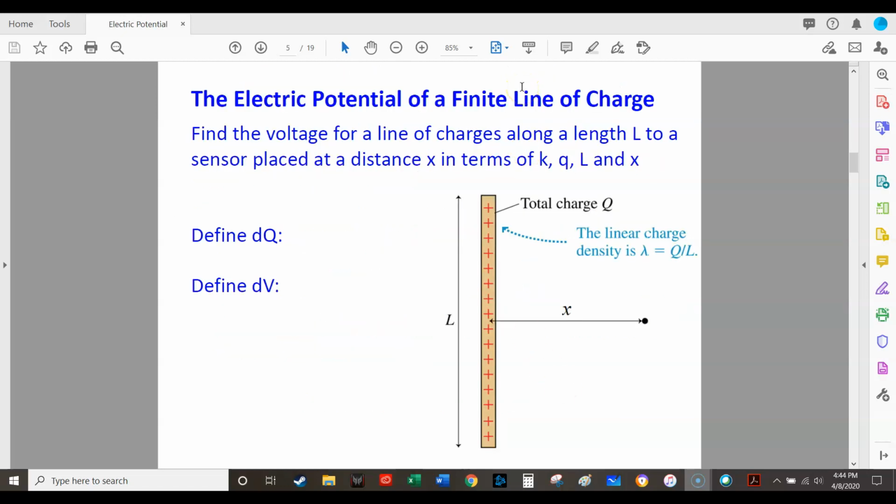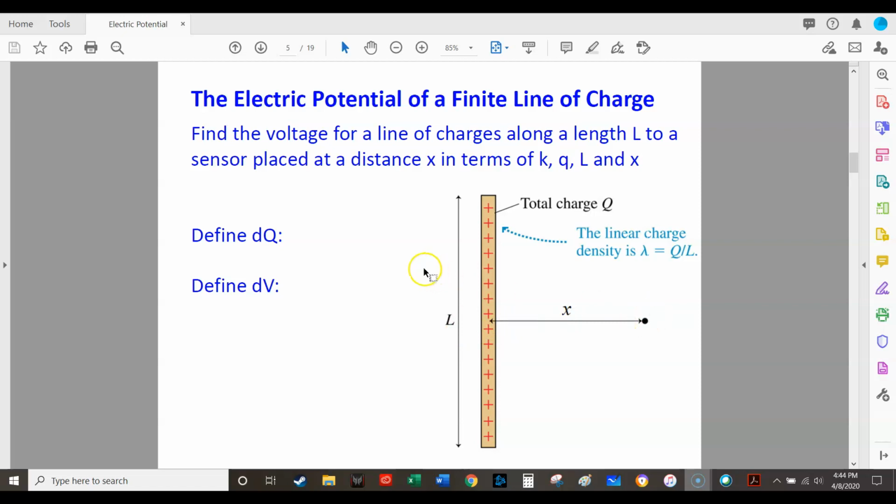So our first problem is you have a bunch of charges built up along a length of line. The first thing that we need to do is calculate the voltage at this point, a distance x away, at the center of that line.